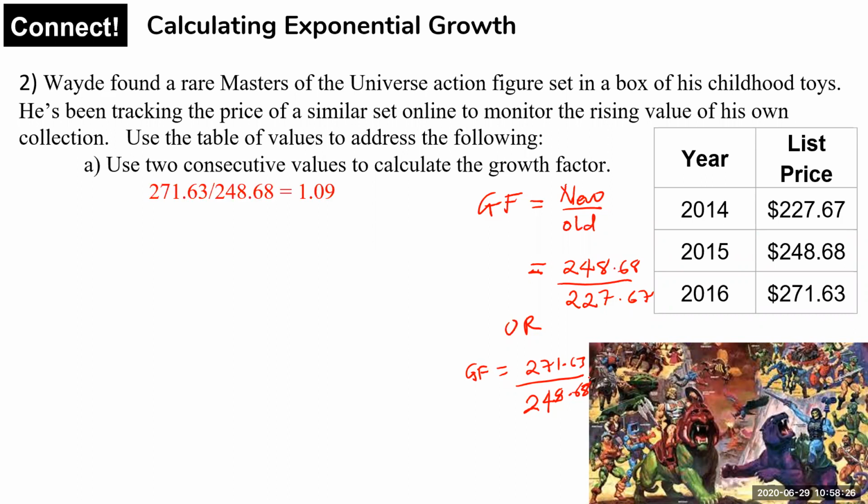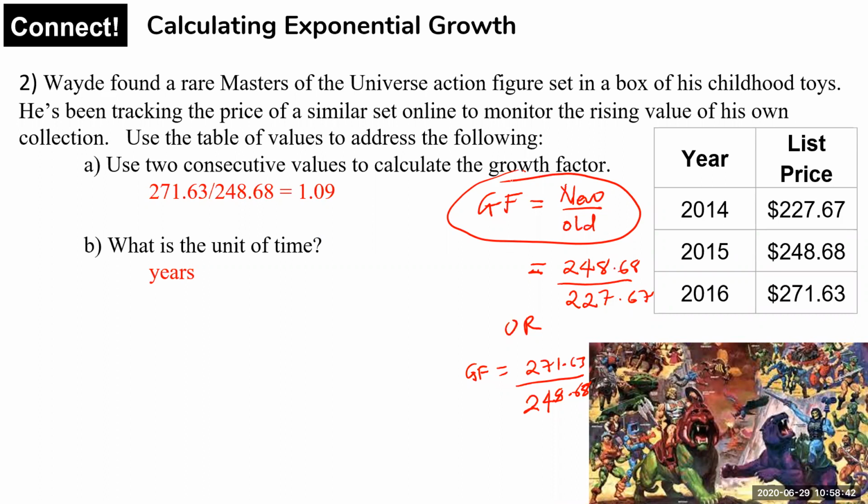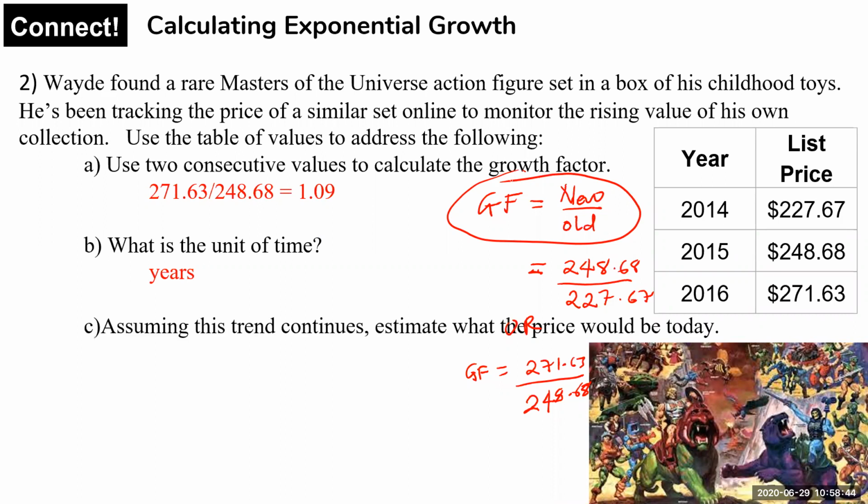Okay, check that. So you use this formula when you do not have the percentage increase, but you have consecutive numbers. And either way, you get the answer. Now, what is the unit of time? Which is years, right? And assuming this trend continues, we want to estimate what the price would be today.